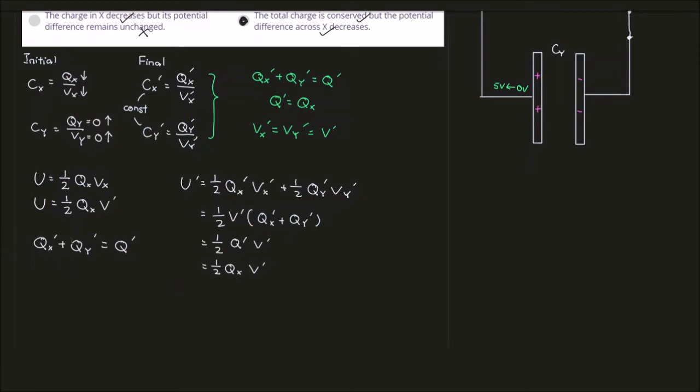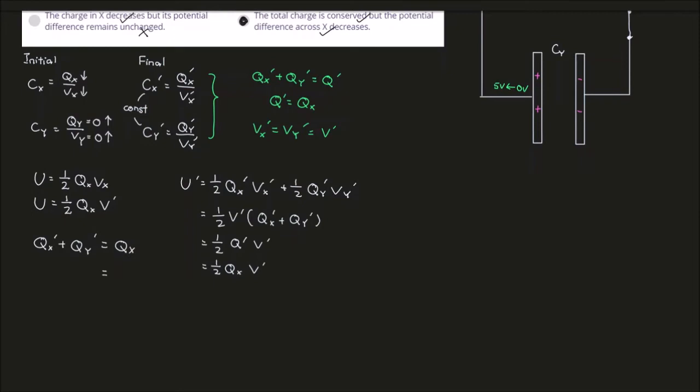Because Qx prime and Qy prime over here both belong to the new situation where the charge has been redistributed. But this Q, we can relate it back to the old situation, which is the initial charge stored at capacitor X. So this Q here can actually be changed to Qx.